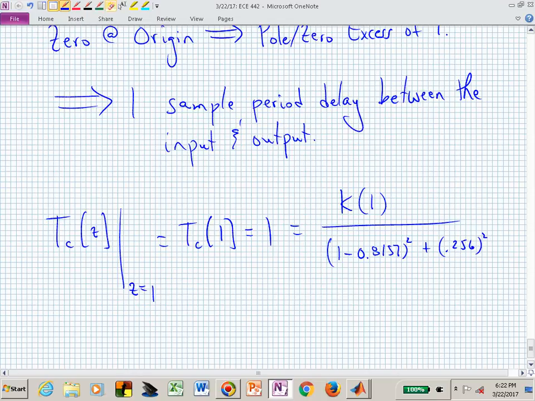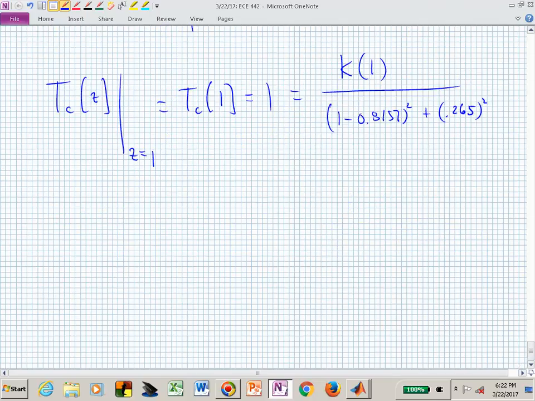Whoops, I interchanged, I think that was 0.265 squared. The only unknown in that expression is now the k, and I can solve for that. K is now going to be 0.1042. Is that clear?